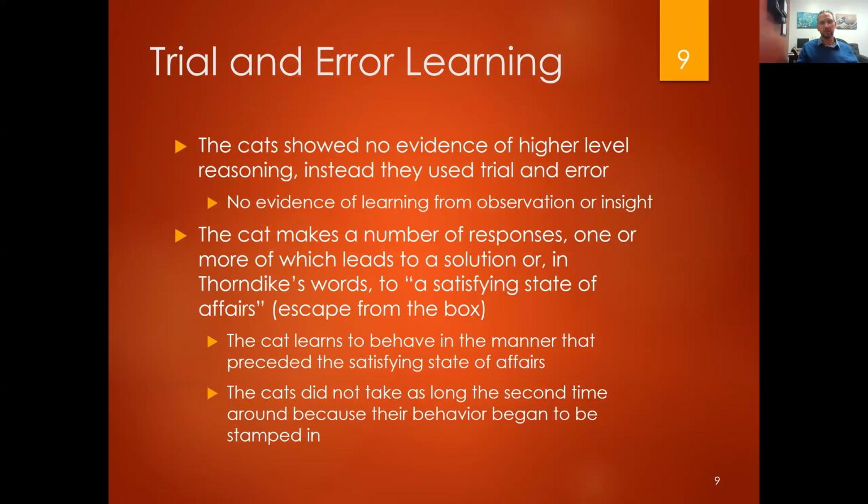What the cat tends to do is behave in the manner that preceded the satisfying state of affairs, which is escape from the box. So there wasn't a pattern of the cat just looking around and then realizing, oh, I know how to get out of here. Instead, it seems to gradually get to the point where it realizes how to escape.